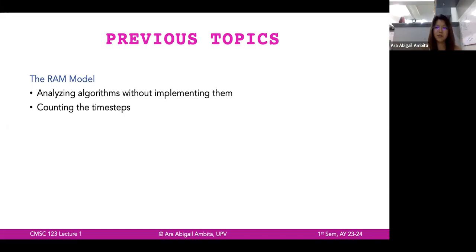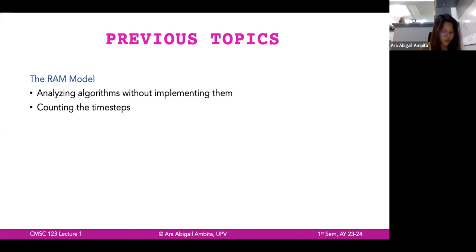If you remember, we only need some memory, the input and output, and the programming capabilities. So our goal is to analyze the algorithms without having to worry about the hardware, like having a faster processor or more memory, and software differences, like the programming languages that are used.